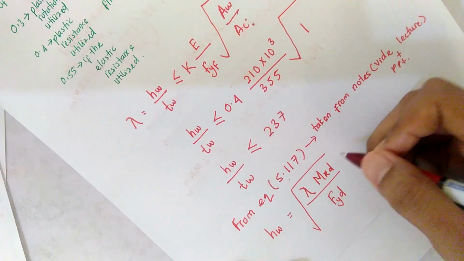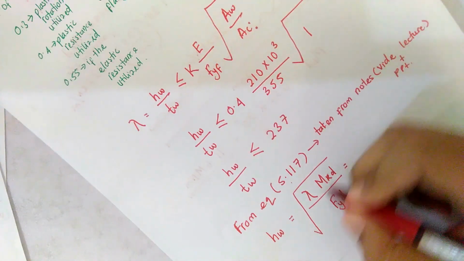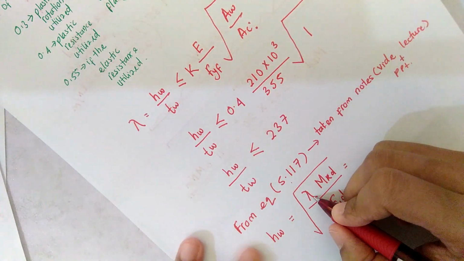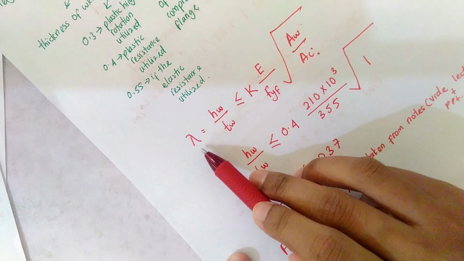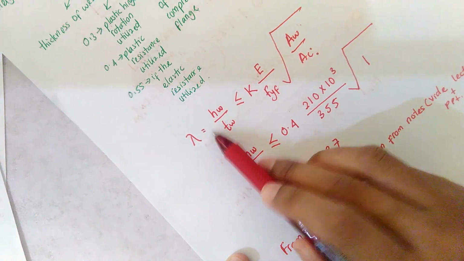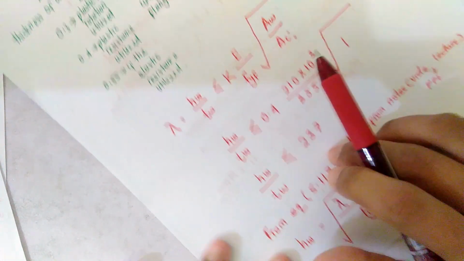So then you can calculate. Lambda is already calculated, whereby initially we assume lambda is equivalent to HW over TW.